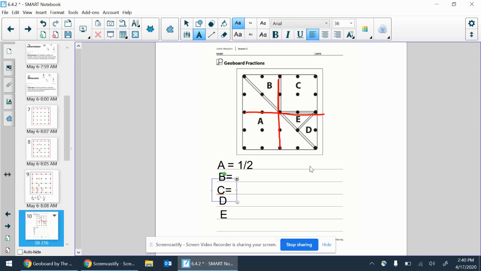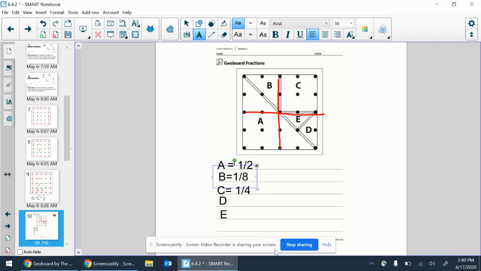I'm going to just put that in right now. Now, if I look at B, I notice that it is 1/2 of 1/4. Well, we used our GeoBoard before to figure out what 1/2 of 1/4 was. And that means that every square here would need 2 of them to equal. So it would be 1, 2, 3, 4, 5, 6, 7, 8. So B is 1/8.